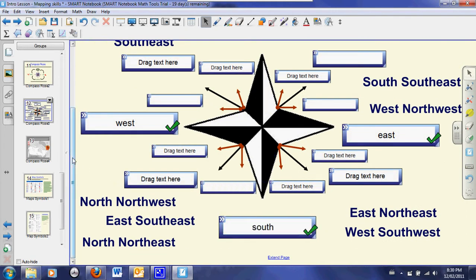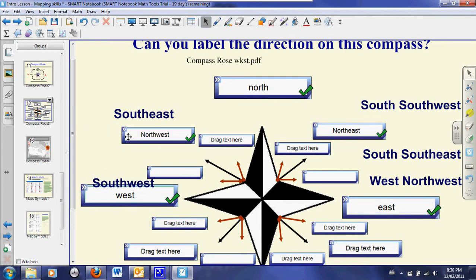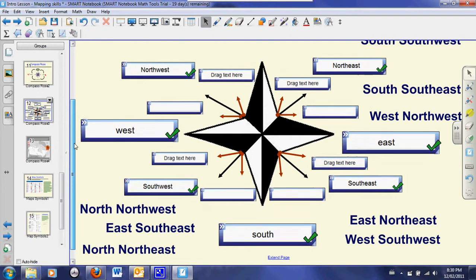Now I know there is one that'll mark it wrong, but I do know that it's right. I just haven't corrected the program yet. Oops, there it goes. Northwest. Now, the intermediate directions, other than the ones I've just done, are not tricky really.